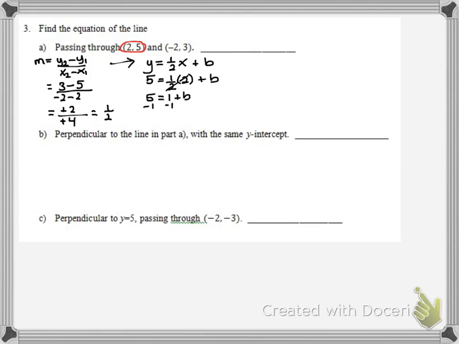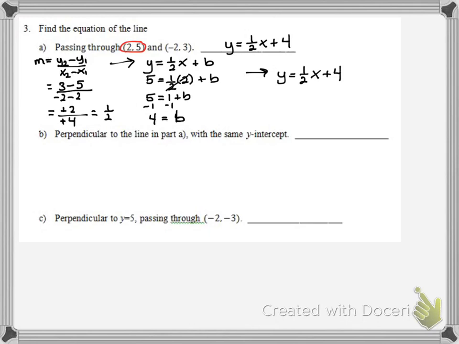So when I subtract 1 from both sides, I get 4 equals b. So putting this all together, we get y equals 1/2 x plus 4. You can put that up here if you want me to. Okay, first one is done.